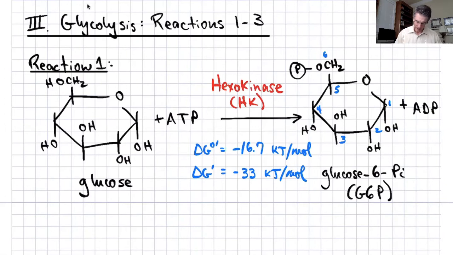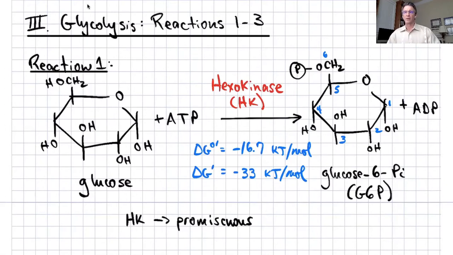Now, hexokinase is an enzyme, it's probably worth knowing, that is pretty promiscuous. So this would fall into that category of enzymes where you have multiple substrates, right? And which substrate gets used under a given set of conditions is going to depend on the Kcat or Km for that particular substrate, right?